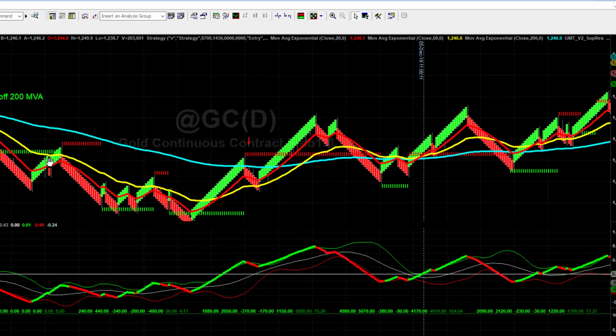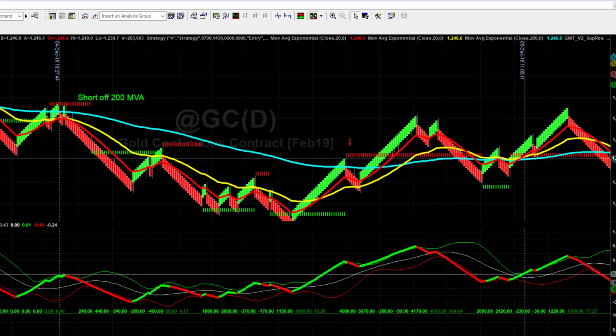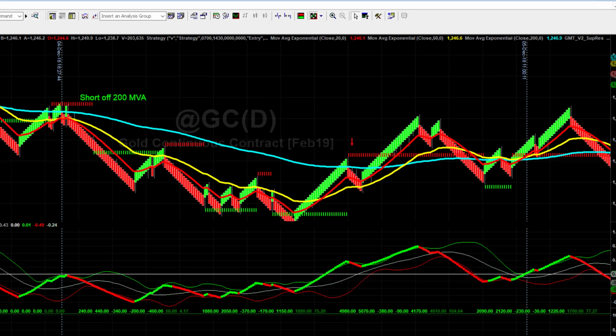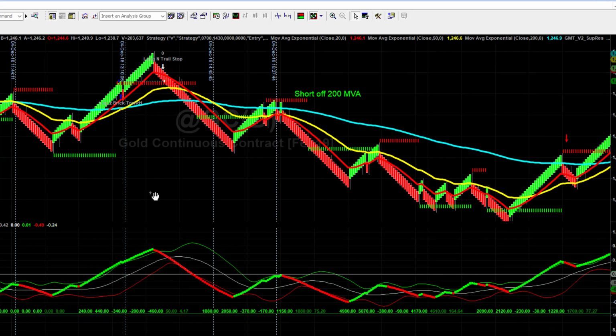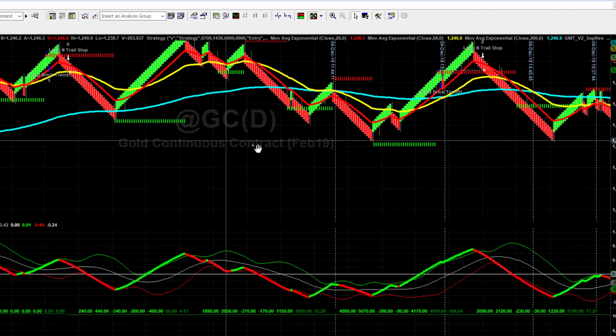If we say there's the initial push short, it fails against the shorts off the 200 period moving average, then we go short again and we're short there. So that's just a nice easy way of framing up the market, isn't it?